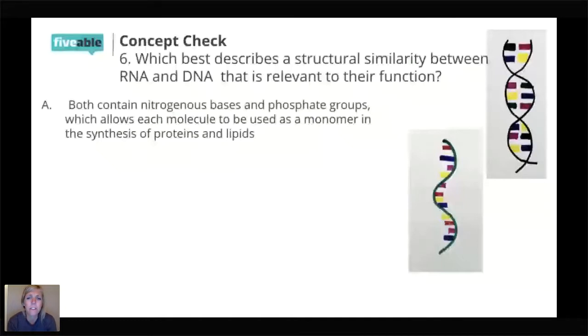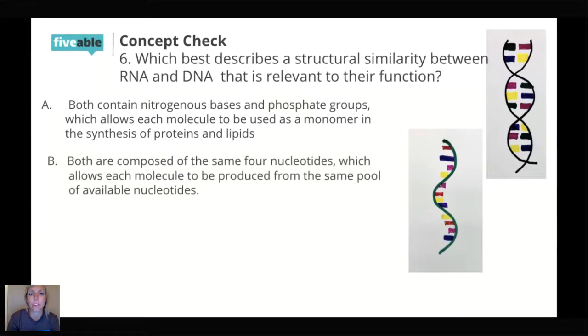But it says in the synthesis of proteins and lipids. Okay, so that is relying on, do you know what the monomer of proteins and lipids are, right? So our monomer for proteins is amino acids, and our monomer for lipids are your triglycerides or your glycerol and your fatty acids. And so I would be skeptical of that option.